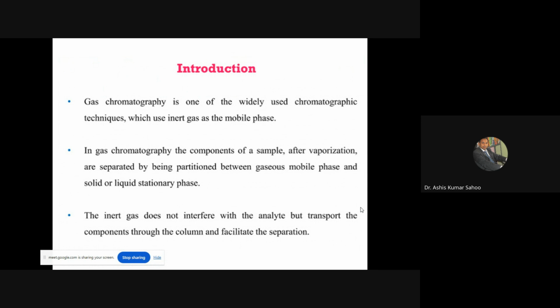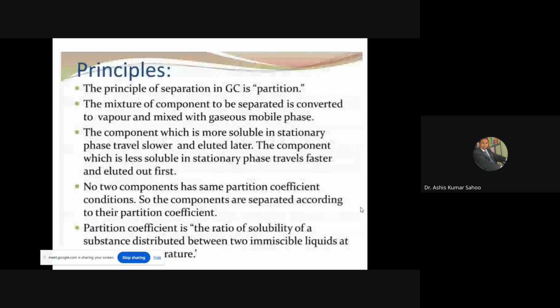In gas chromatography, the components of the sample after vaporization are separated by being partitioned between the gaseous mobile phase and the liquid stationary phase. The inert gas doesn't interfere with the analyte, it only transports the components through the column. So this is the introduction to gas chromatography.